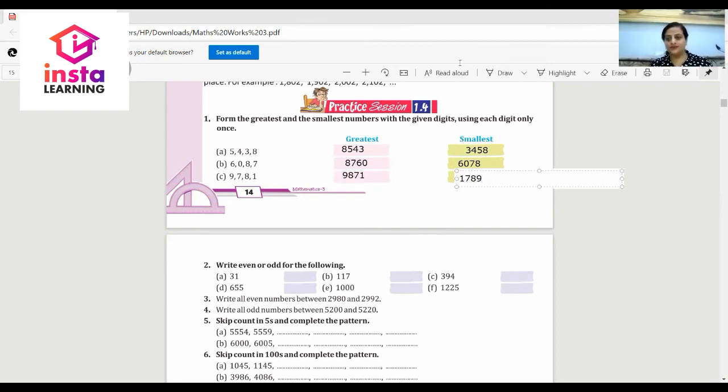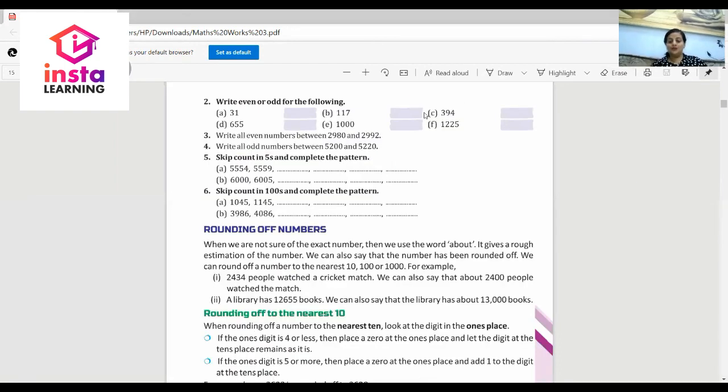Okay, students? Now, students, we will do even numbers and odd numbers that you have already learned. What is an even number? When the numbers at one's place are 1, 3, 5, 7, 9, they are called odd numbers.